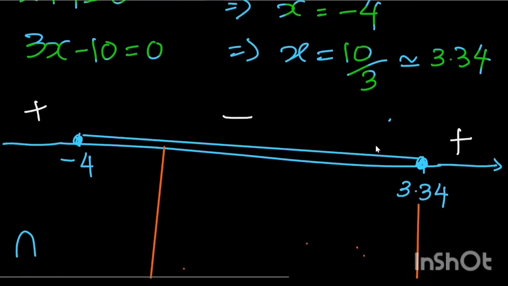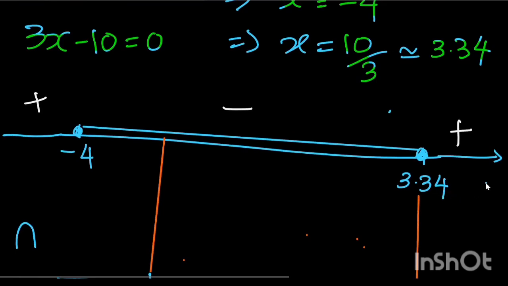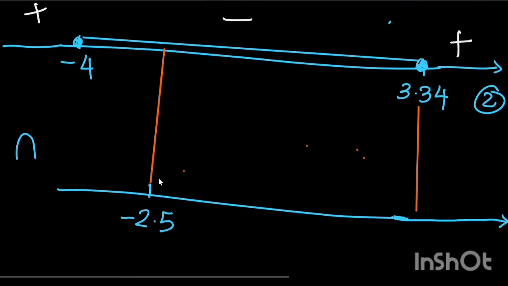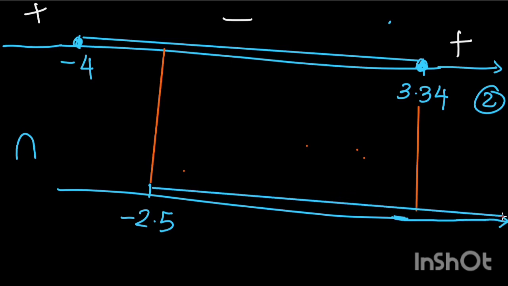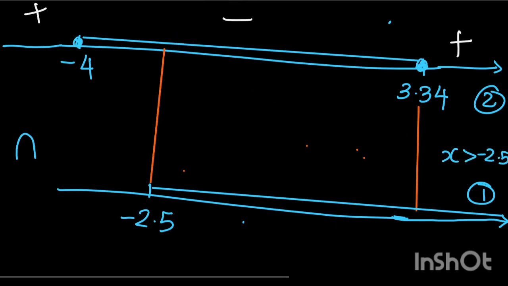Now this is the second inequality that we got. The first one that we got was from the domain, which was x greater than minus 2.5, which I have plotted here. So now as you can see here, the common area of both the inequalities starts from minus 2.5 till 3.34.